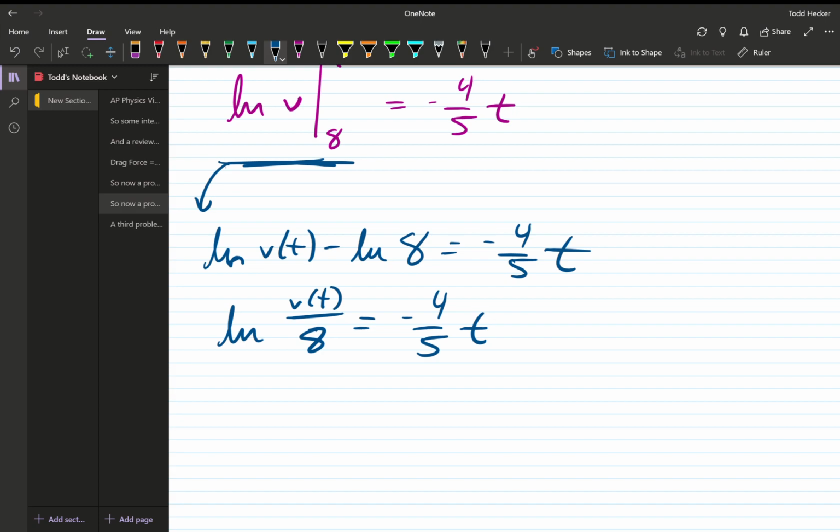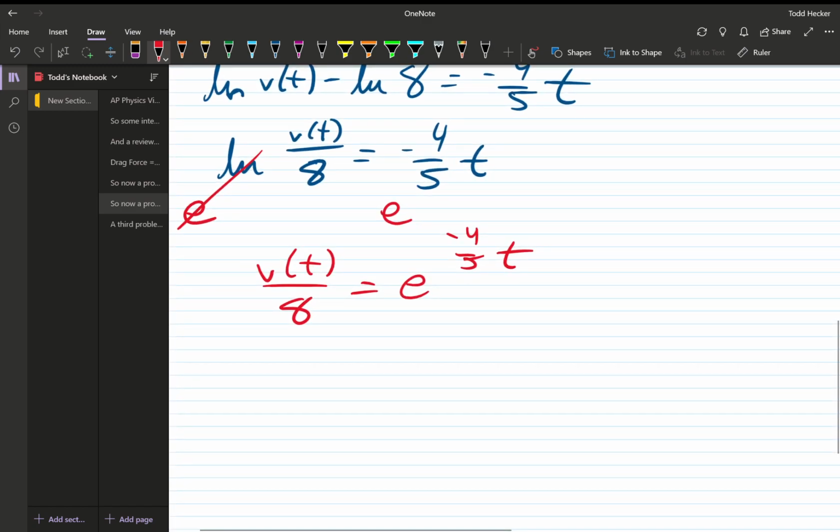Now what we're going to do is take e and raise it to that power on both sides. So e to that power, e to that power. Here these cancel out, so I get v of t over 8 equals e to the negative 4/5 t.